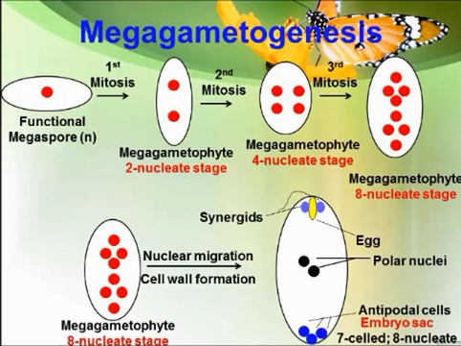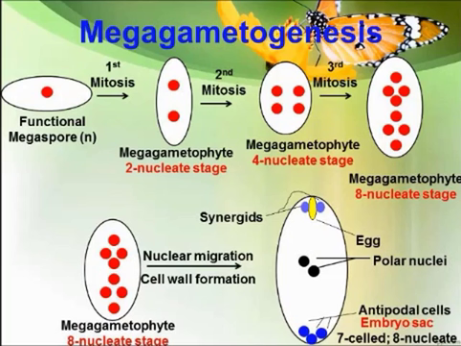The egg apparatus in turn consists of 2 synergids and 1 egg cell. The egg cell is the female gamete. Remember, this process of formation of female gamete is called megagametogenesis.